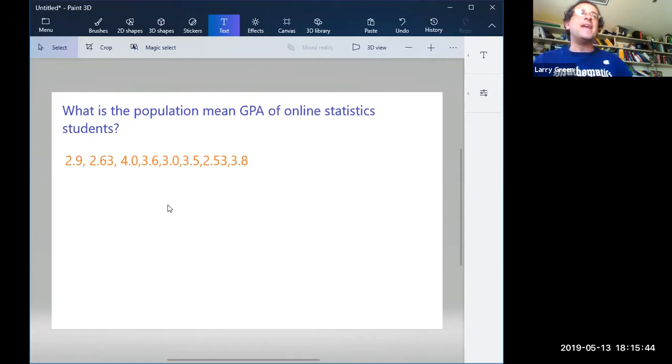So what is the error in using the sample mean to estimate the population mean? And what things have we already learned about that will help us find that error? Any thoughts? Hoping you might answer.